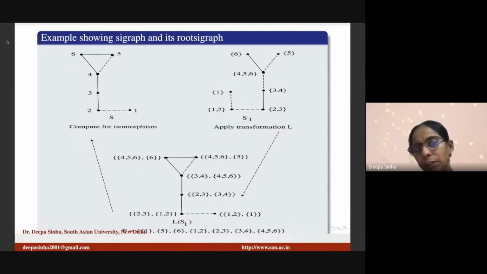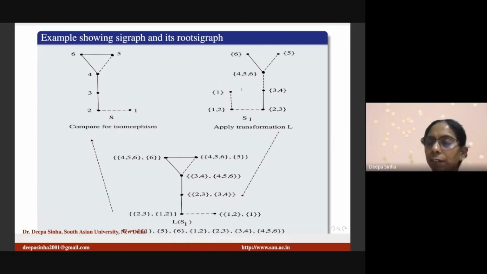As you can see over here, this is a line sign graph, and from this you have these subsets. Because it is a line graph, the edge set can be partitioned into complete subgraphs such that any two have at most one vertex in common. So we have these as subsets: 6, 4, 5, 6, 5, 3, 4, 2, 3, 1, 2, and 1.